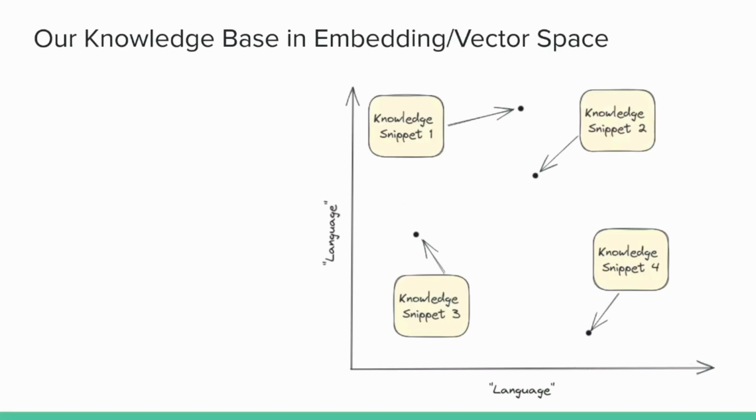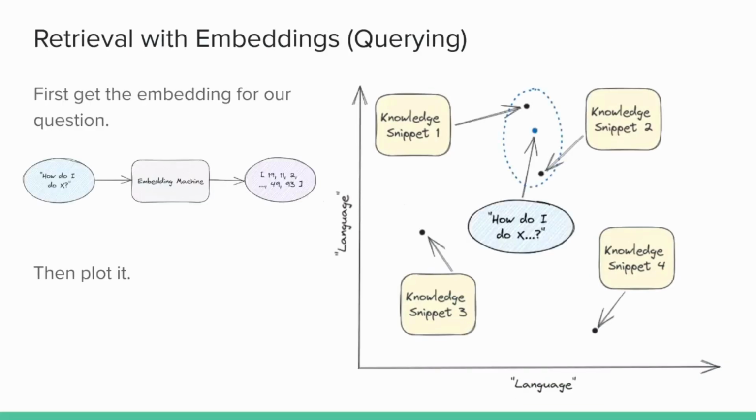Once you have your knowledge base indexed in this vector space, you can plot it just like we plotted those words above. You can put each of these knowledge snippets in their 1,000-dimensional space. Then when you want to do a search query, you do this same closeness thing. You take your user search query, how do I do X? You pass it through the embedding machine.